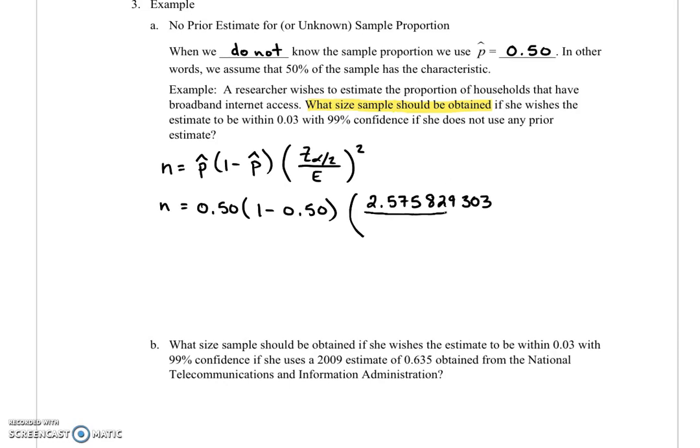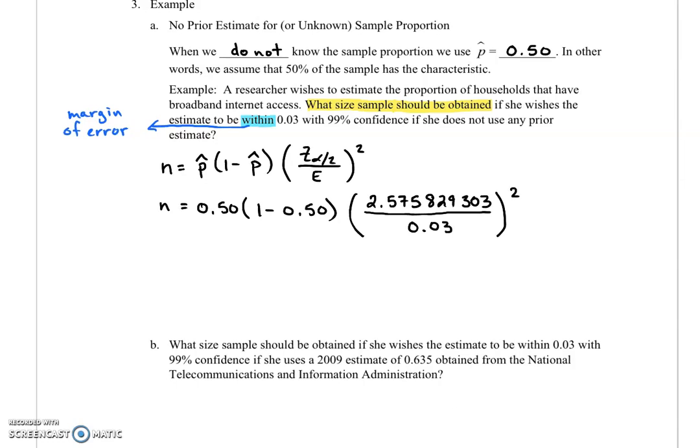And we're going to put all of that over 0.03. So one thing to note here is within is our keyword that lets us know that that's a margin of error. And then we close the parentheses and square this.